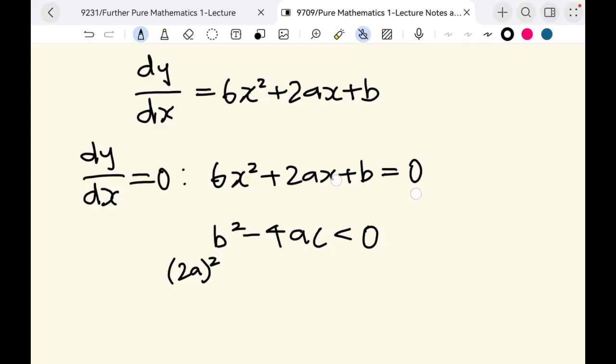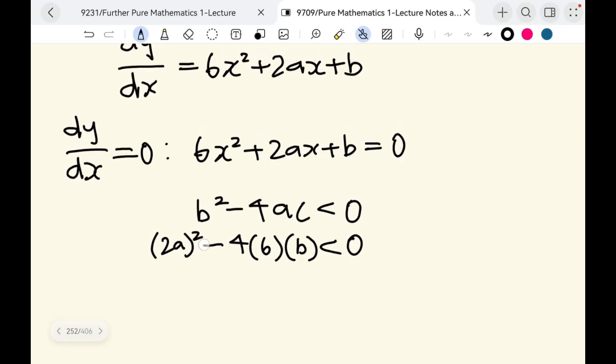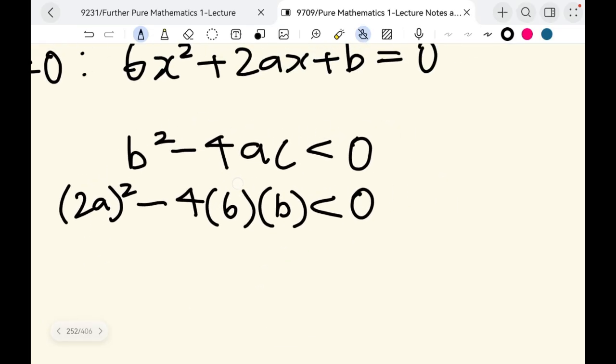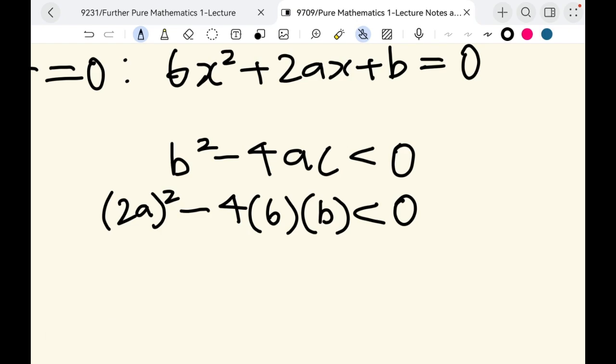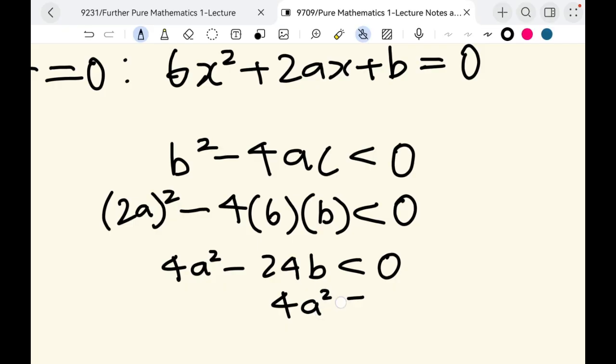Be careful to avoid any careless mistakes. What is a? The coefficient of x squared, 6. C, the constant. Now expand, just to simplify these inequalities, which is 4a squared minus 24b is less than 0. Move the 24b to the other side.